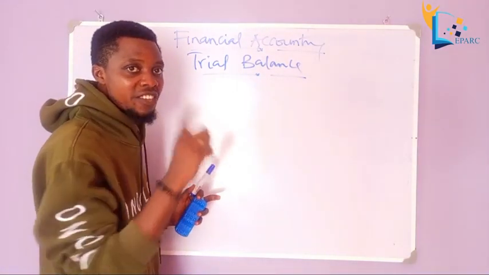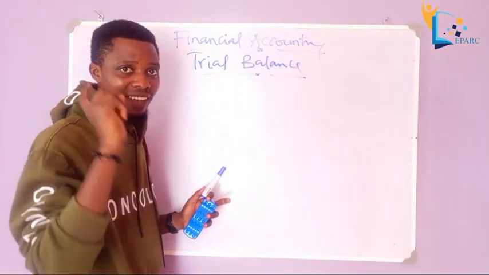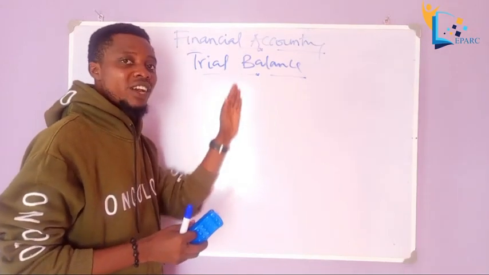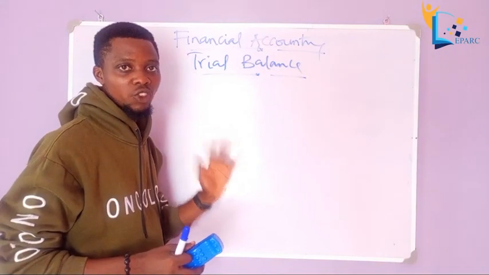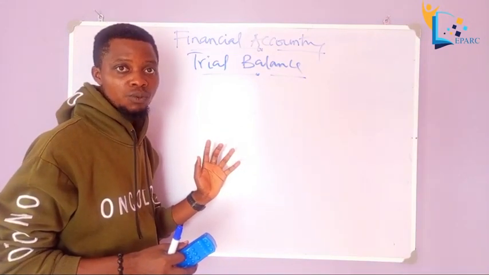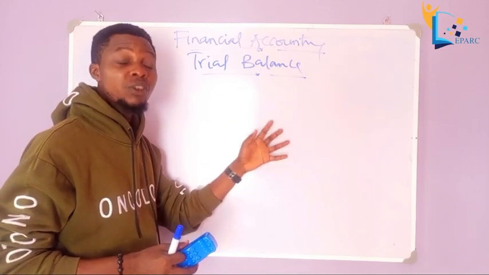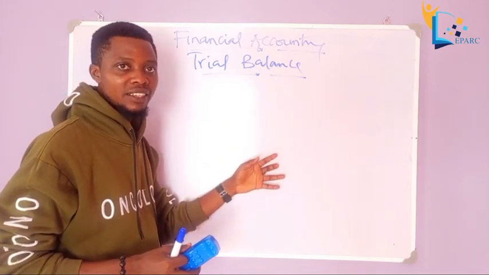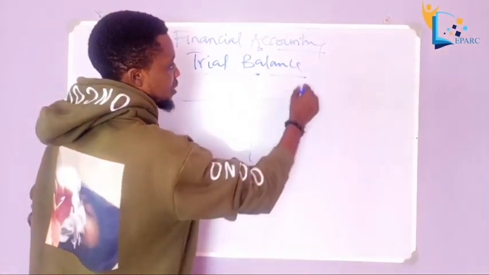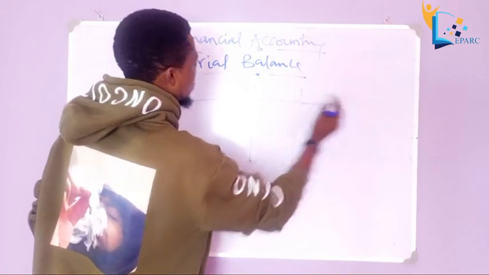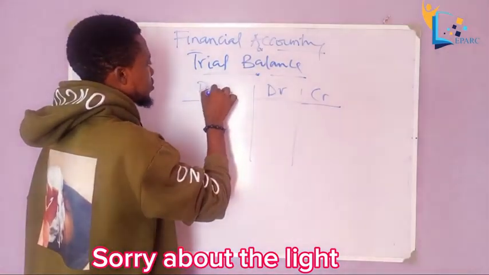Now, how do we check if those balances extracted from the ledgers are correct? Number one, the credit side of the trial balance must be equal to the debit side of the trial balance. This is a typical format of the trial balance: debits, credits, particulars.